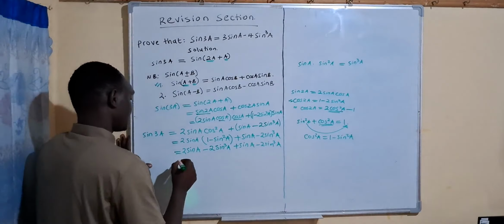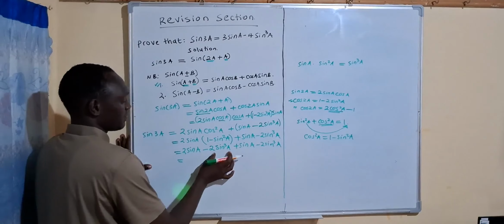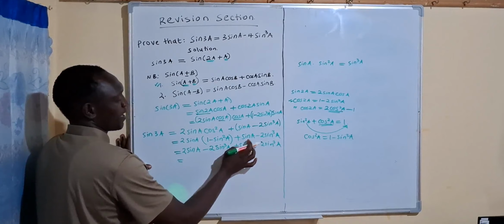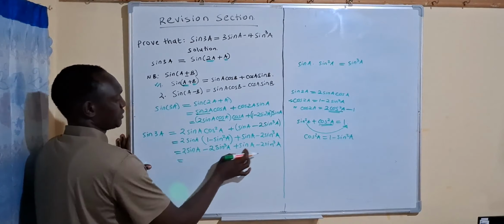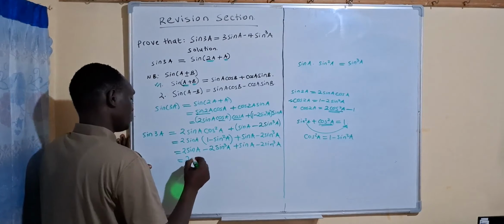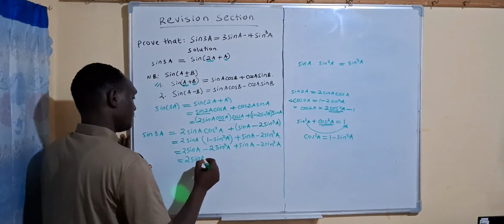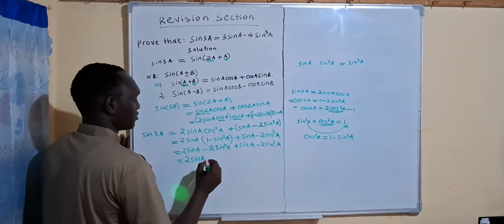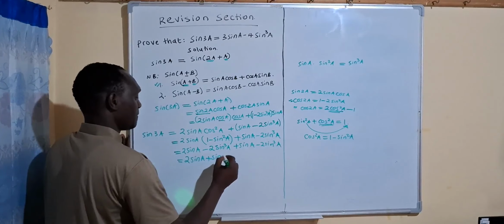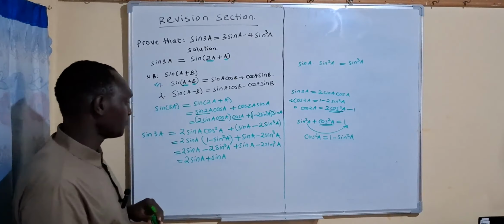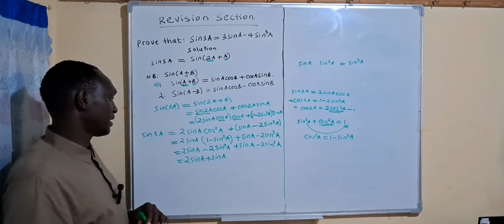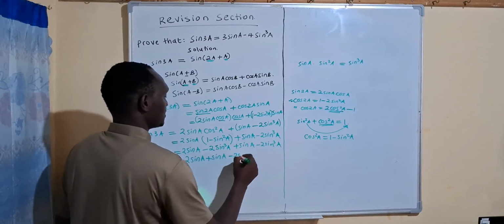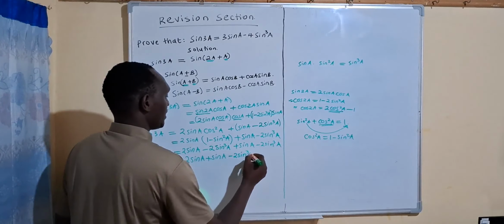Now let us collect the like terms. Those that have the same powers, we shall group them together. That means we shall have 2 sine a, which is a like term to sine a, and its sign is plus. So we shall say plus sine a. And then you pick up from here, we shall say minus 2 sine cube a.